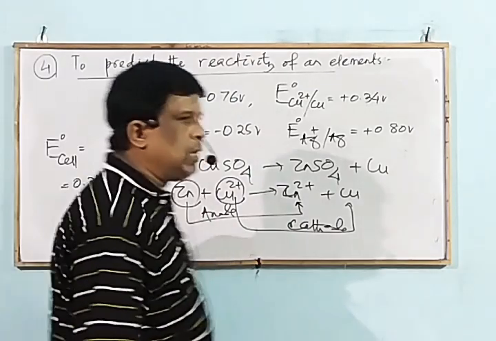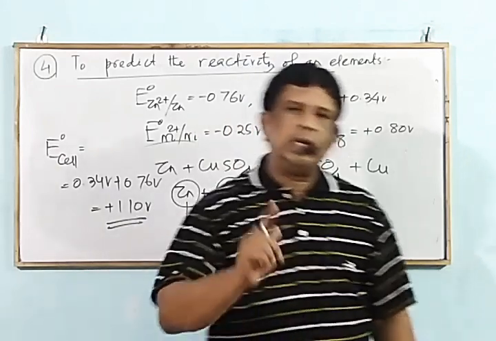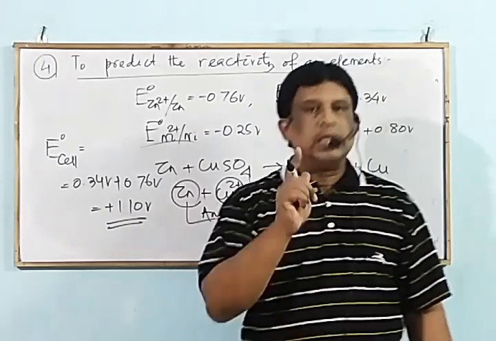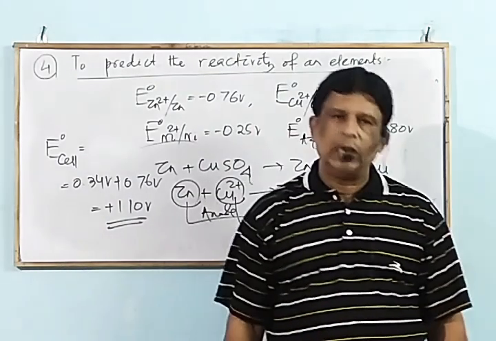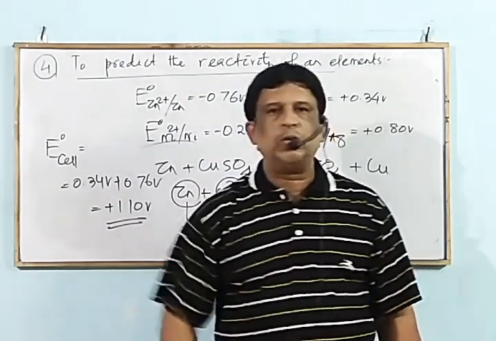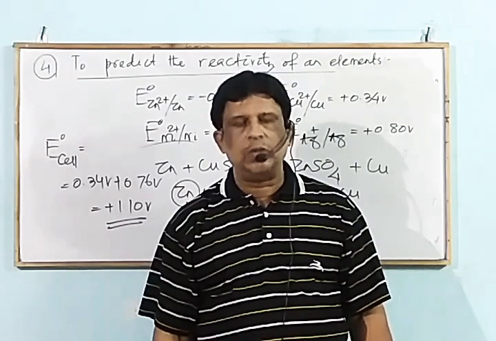The cell potential is found to be positive, which means the cell reaction is going on, the cell is feasible. That means zinc displaces copper from the copper sulfate solution. So one is not able to use the zinc spatula to stir a copper sulfate solution.